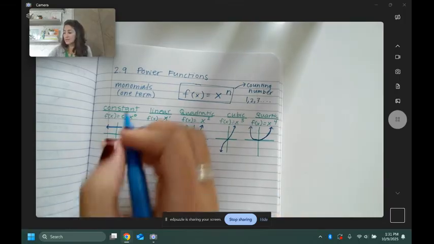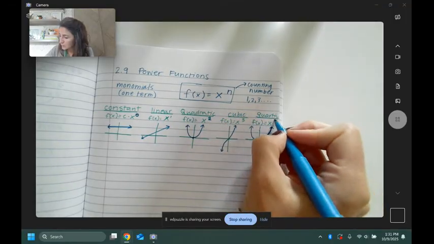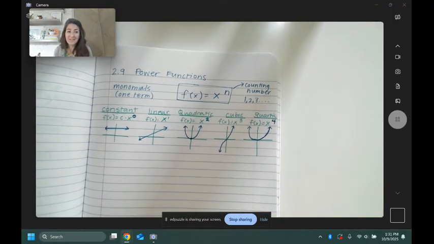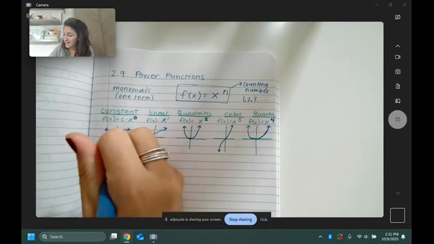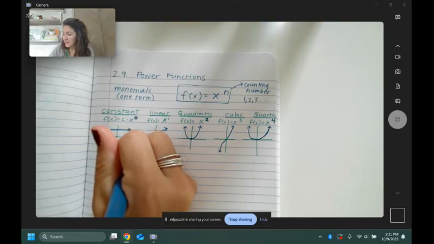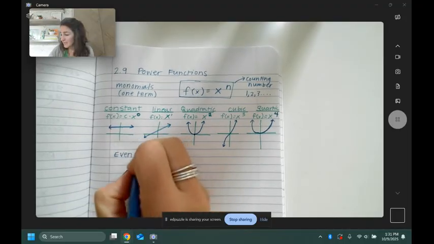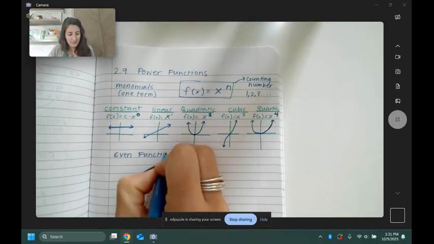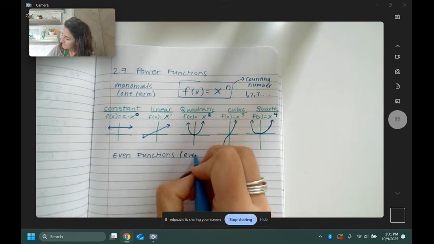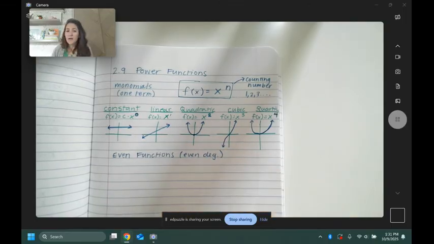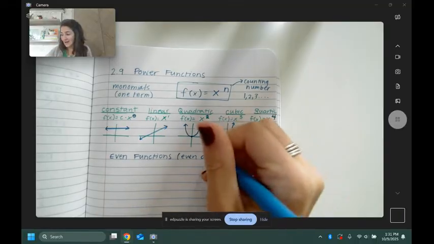Now, looking at these, based on this number here, 0, 2, and 4, I'm going to call all of these even numbers. So here are a few things to know about an even function. They're called an even function because they have an even degree. They're all going to be symmetrical about the y-axis.